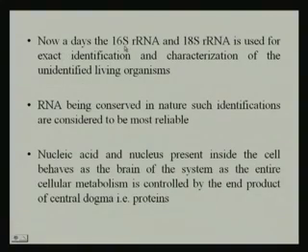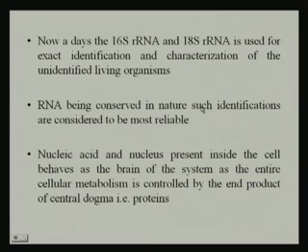Nowadays, 16S rRNA for prokaryotes and 18S rRNA for eukaryotes are used for identification and characterization of unidentified living organisms because they are conserved in nature. RNA being conserved, such identifications are considered the most reliable.